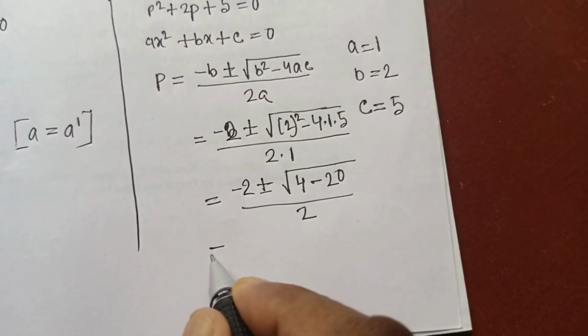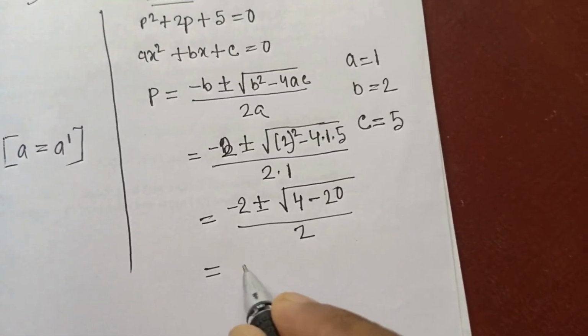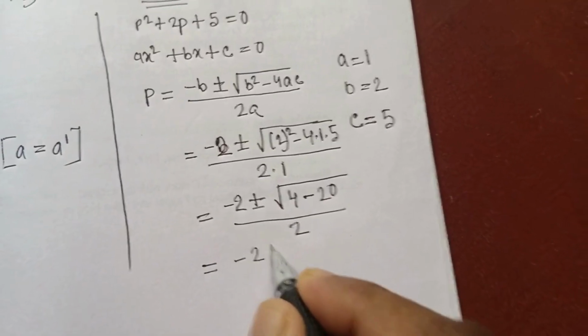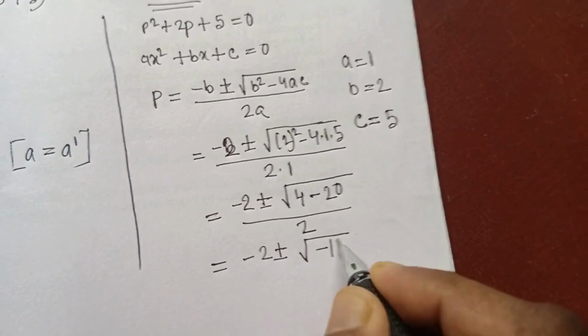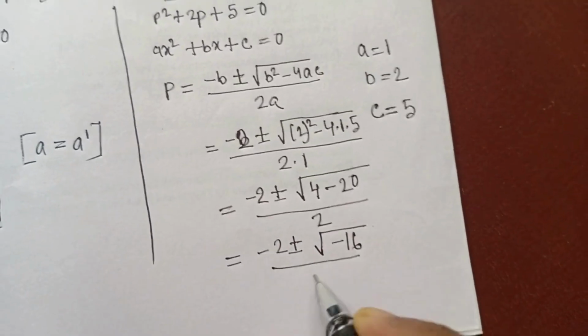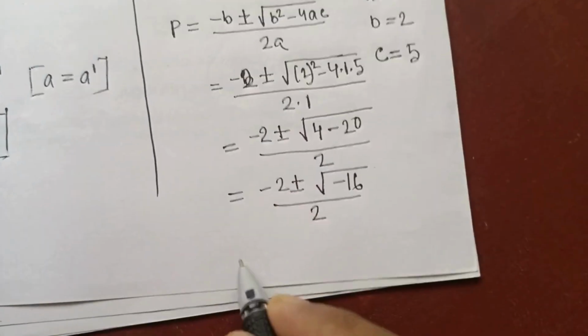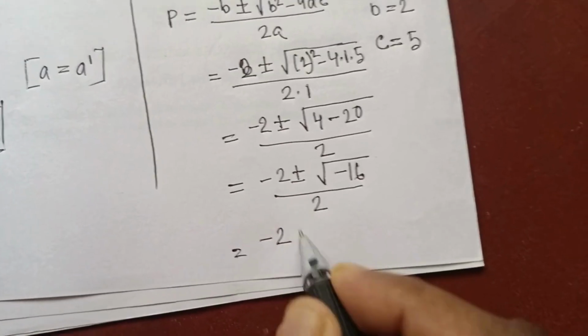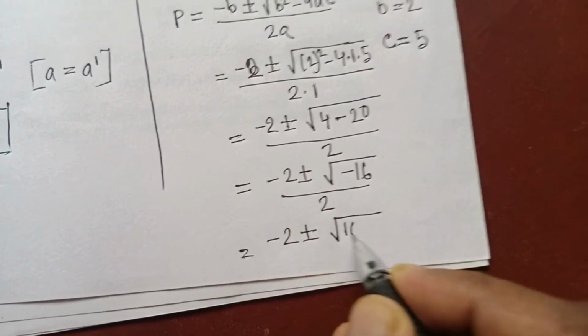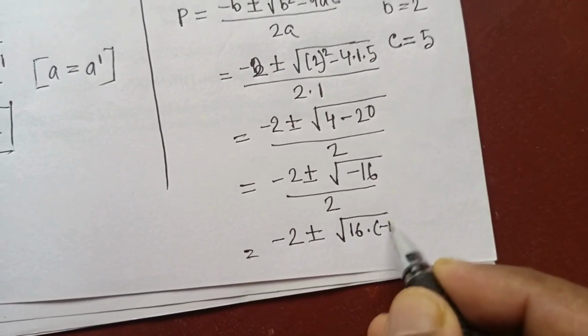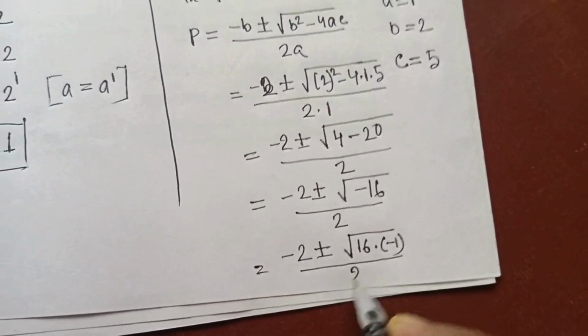So now p equals minus 2 plus minus root over minus 16 by 2. We can write minus 16 as a multiply of 16 into minus 1.